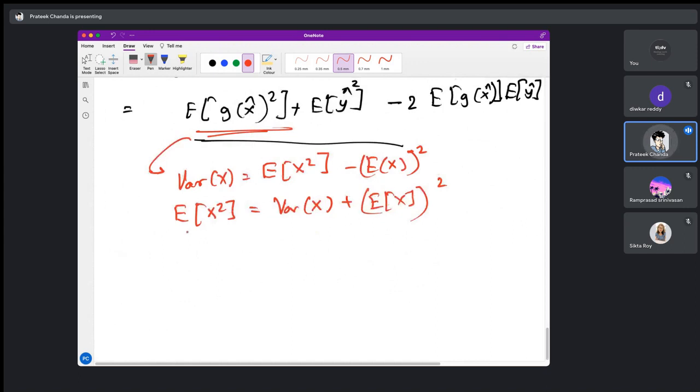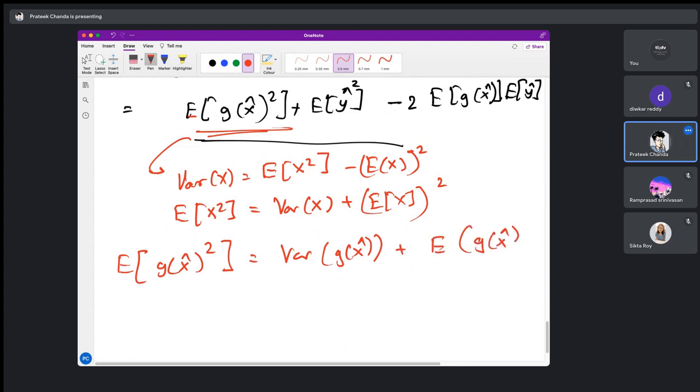As a result, I can do this for this also. So expectation of g of x hat whole square, I can write as variance of g of x hat plus expectation of g of x hat whole square.